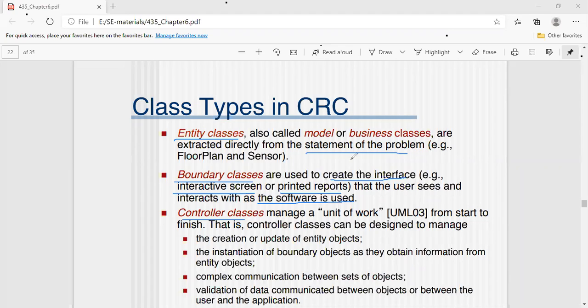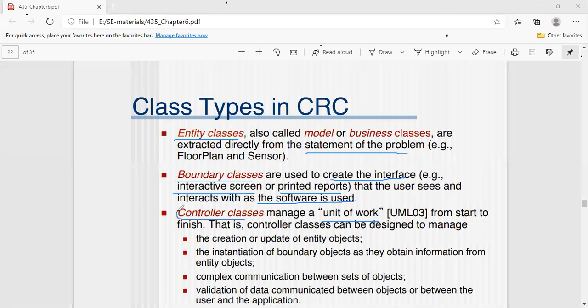If we move to the third one, controller classes. Controller classes manage a unit of work. What would it do? It would manage a unit of work from the starting to the ending.